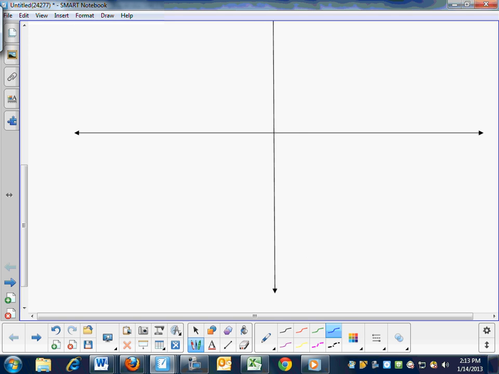So if I sketch a graph, 1, 2, I draw this vertical asymptote. The graph's going to approach that, but it's never going to touch it because you can't plug in 2 and get a value. It's undefined. So we draw that line showing that it can never have a value at 2.